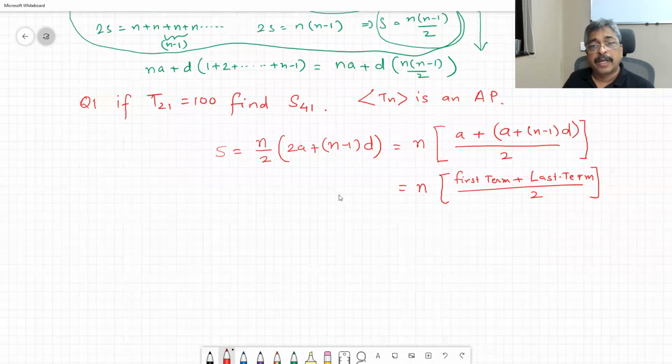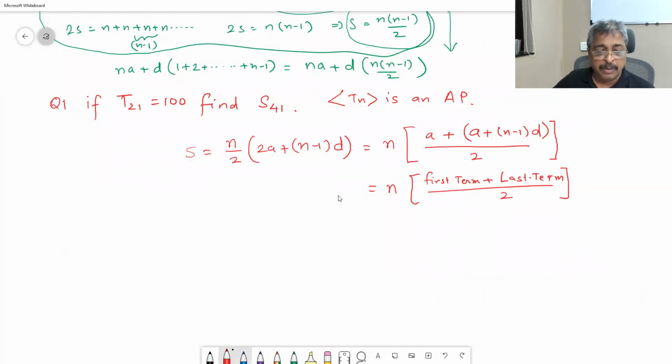Now, arithmetic progression looks like equidistant points. Now I have put 11 points. The distance between these two points is the same, and between these two points, the same.